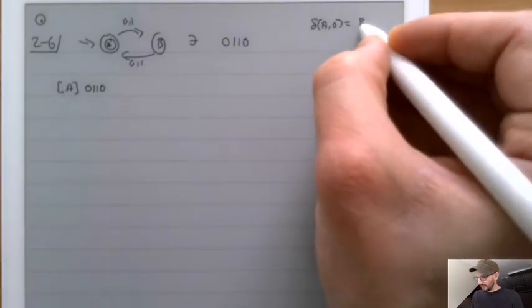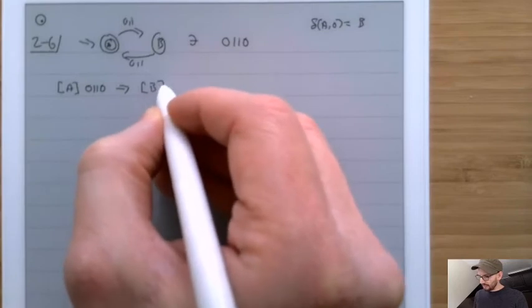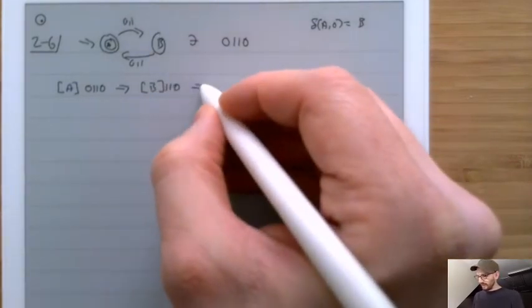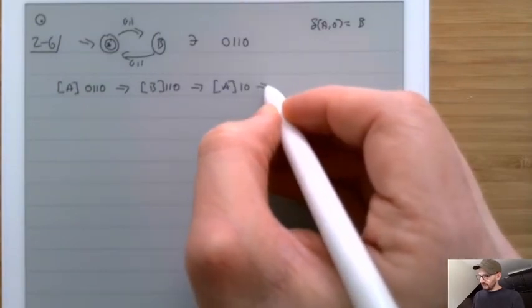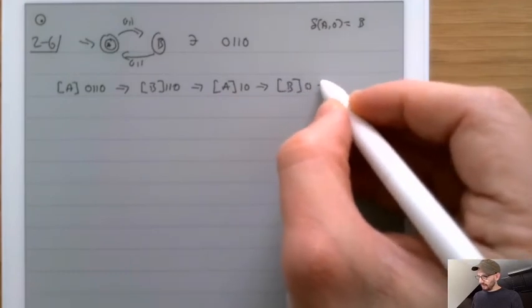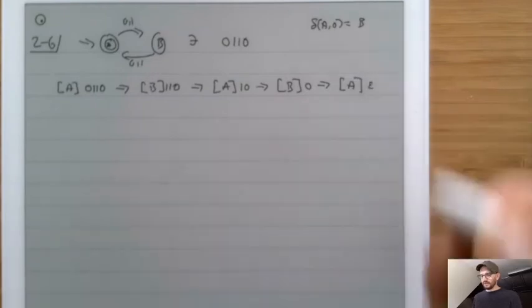And it says B. So therefore, we're going to go to B110. Then we look at the rule again, and we go to A10. The rule again, and we go to B0. The rule again, and we go to A. And now that there's nothing left, I'm going to write epsilon.